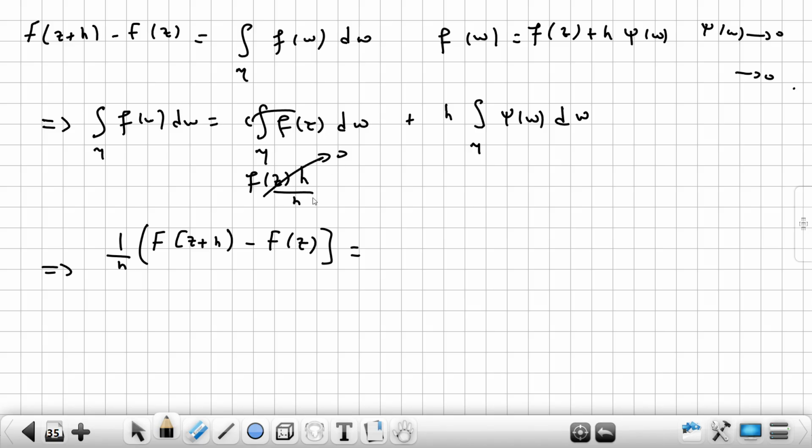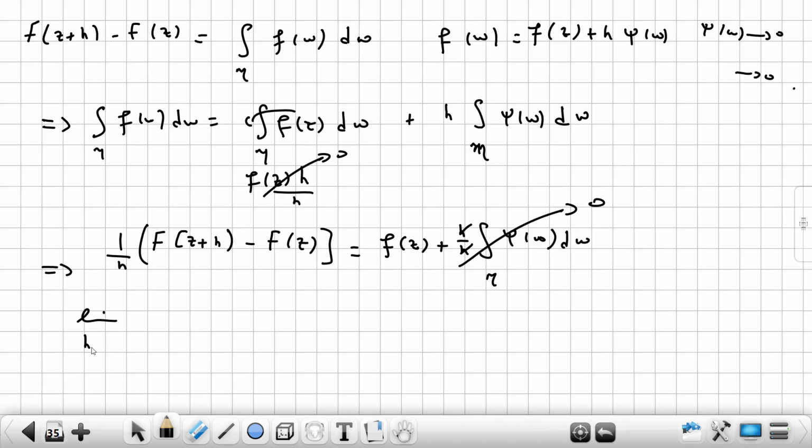This term here, if we divide it by h, we obtain only f of z plus 1 over h times the integral over eta of psi w dw. Taking h to 0, this integral tends to 0, since psi w tends to 0 as h tends to 0.